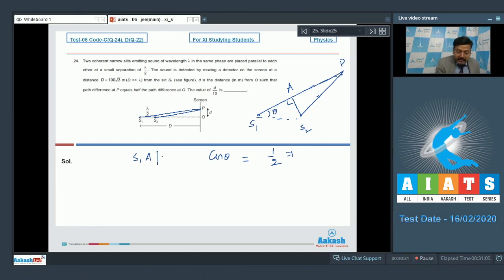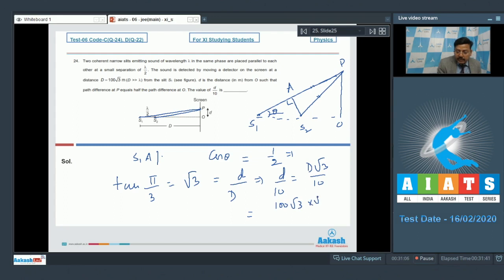Now to find the distance of point P from O, taking this angle as pi by 3 and using tan pi by 3 as root 3, this is equal to small d by capital D, which is root 3 by 10. Let's now put the value of capital D, which is 100 root 3, into root 3 by 10, which is simply equal to 30 meter. So the answer to question 24 would be 30.